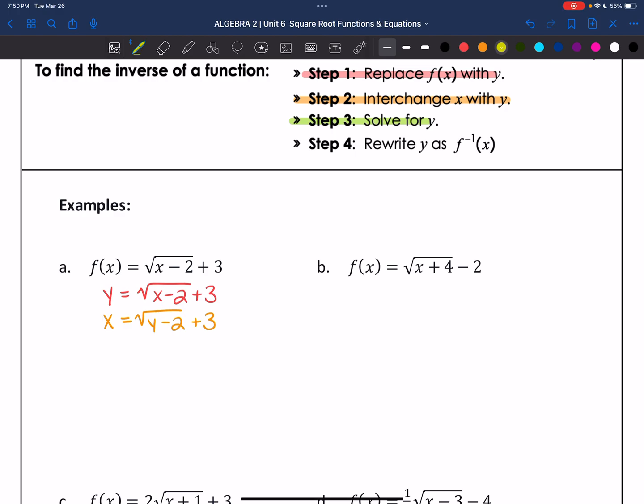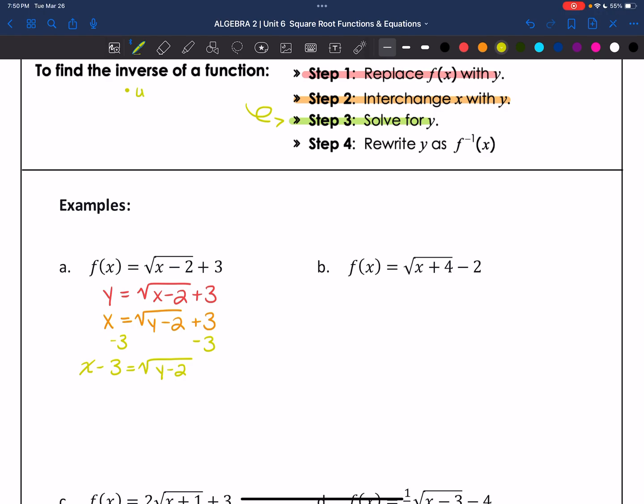You always want to undo first either addition and subtraction. So because we're adding 3, the first step would be to subtract 3 on each side. That gives me x minus 3 equals the square root of y minus 2. That would be your first step when you're solving for y. Why don't we make that little note to ourselves right here?